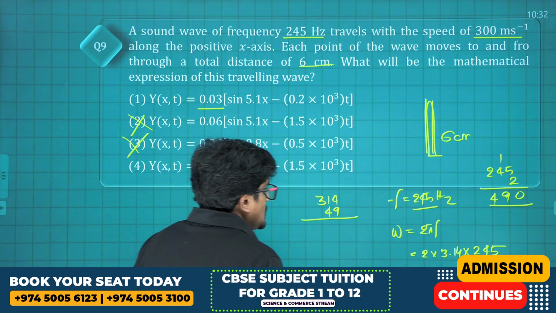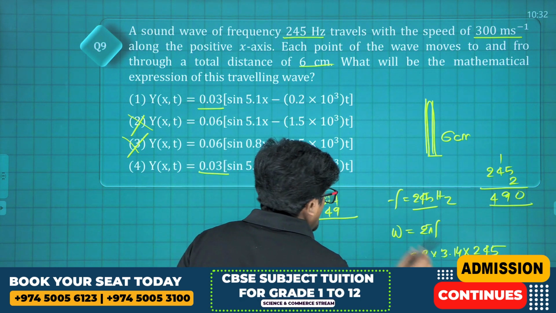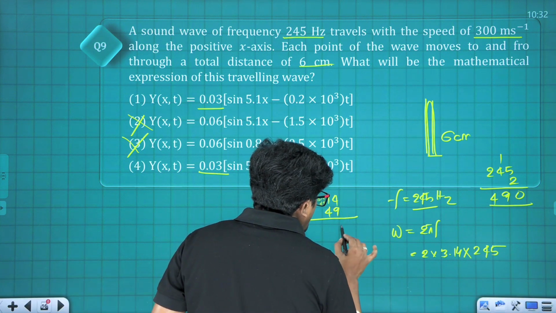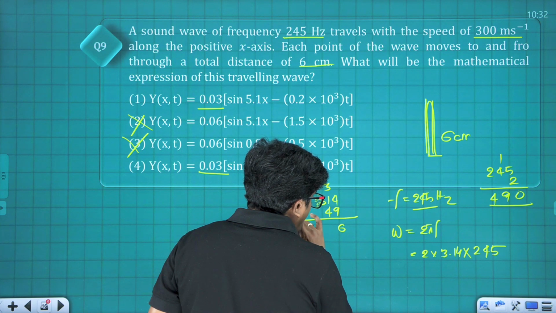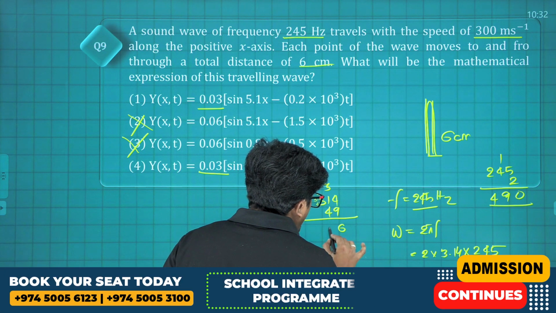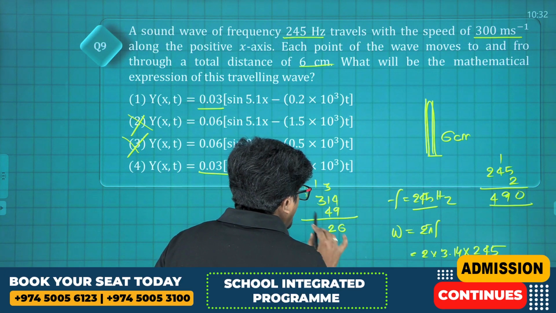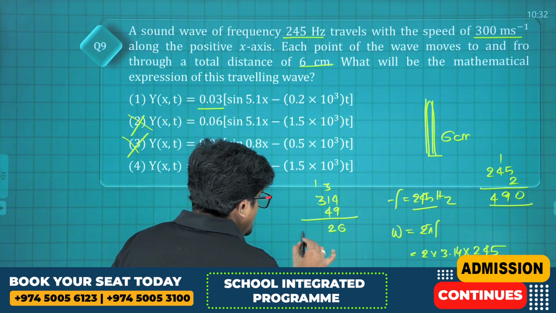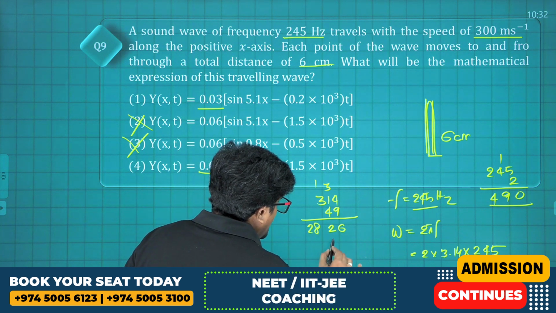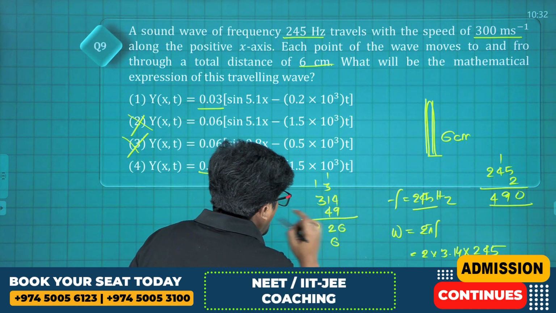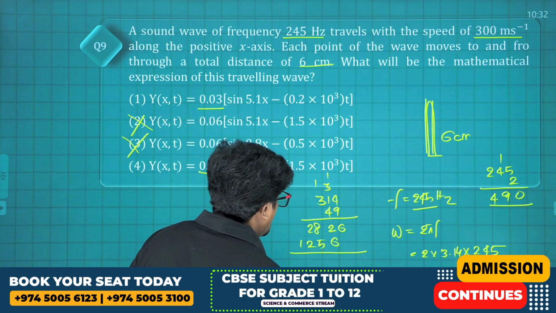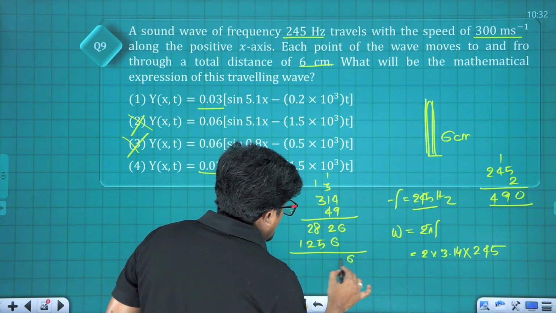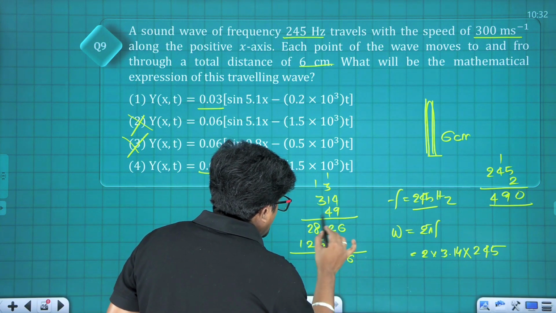Alright. So 9 4s are 36, left with 3 here. 1 9s are 9, 9 plus 3 is 12, left with 1. 9 3s are 27, 27 plus 1 is 28. And here 4 4s are 16, 1 4s are 4 plus 1 it is 5, and 4 3s are 12, isn't it? So here this is 6, 6 plus 2 it is 8.